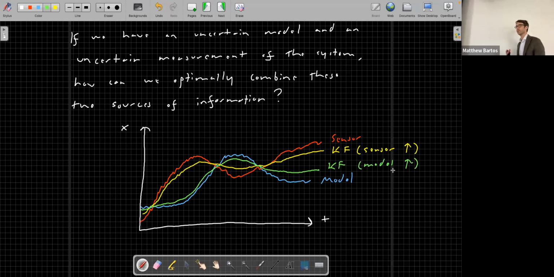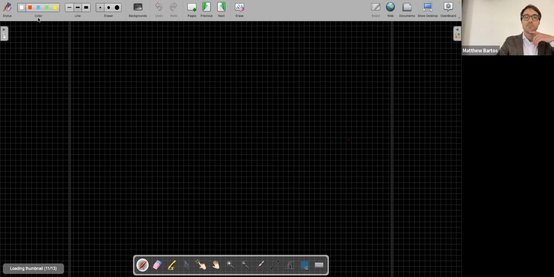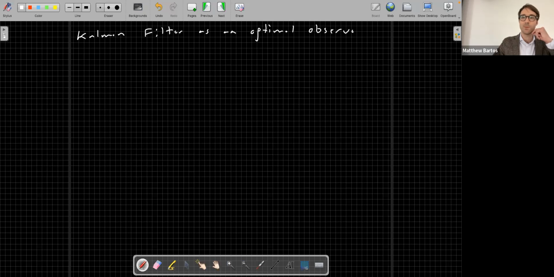So it allows us to control our relative confidence in either the sensor or the model. So what we're doing essentially when we're doing Kalman filtering is we're finding an optimal observer gain. So we're finding an optimal observer. So let me quickly characterize Kalman filtering as an optimal observer. It's going to tie back to our discussion on Luenberger observers from last time.